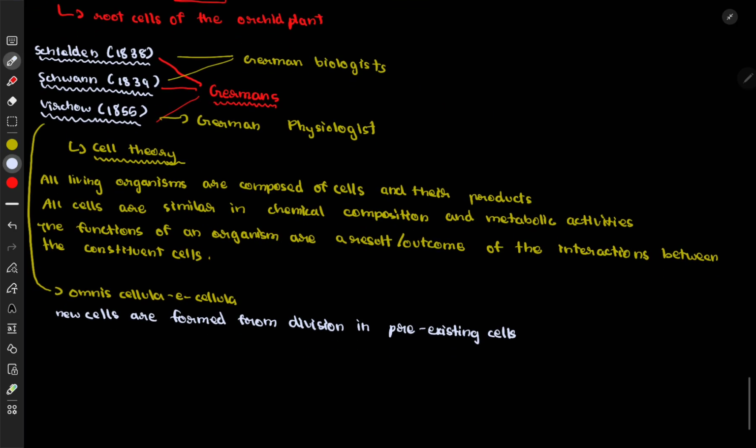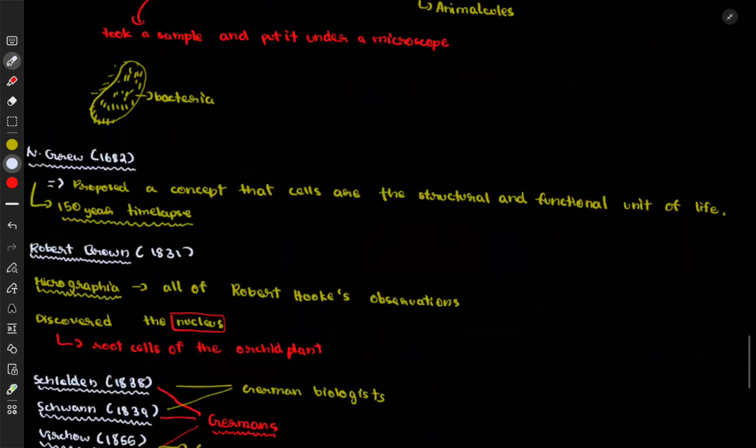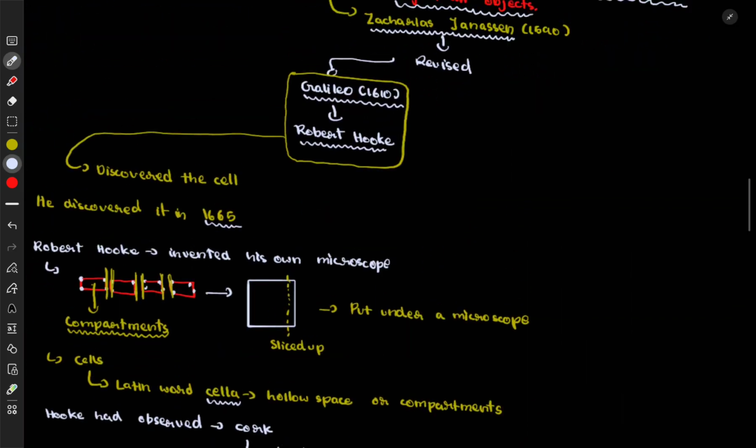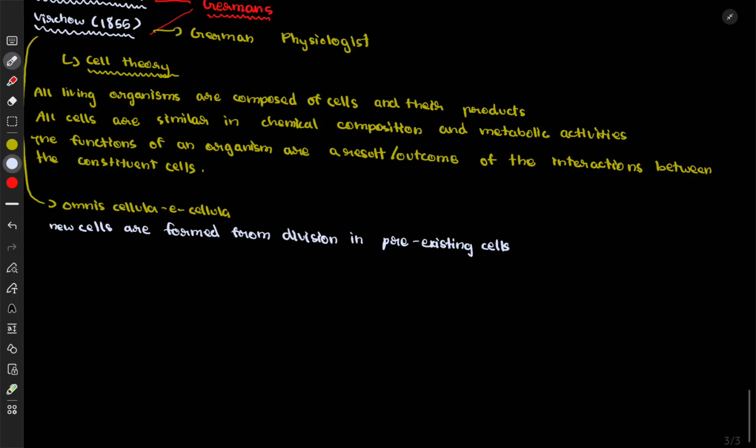Fine. So, new cells. How many pages have we covered? Only 2. Oh, no, wait. Okay, so 3, but not a lot. So new cells are formed from division of pre-existing cells. He added that point, and therefore this is what we have today about cells.